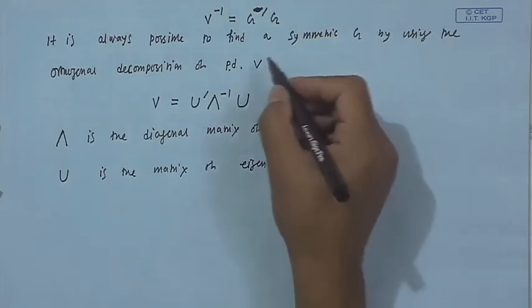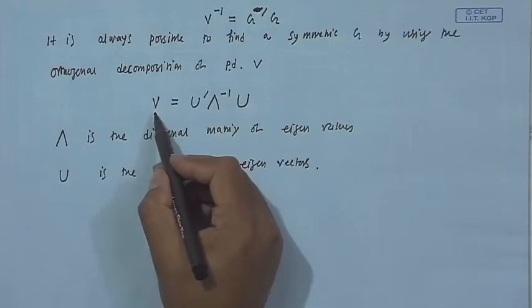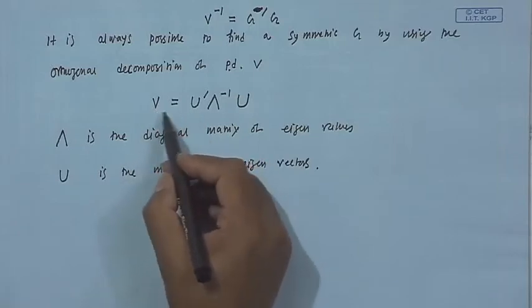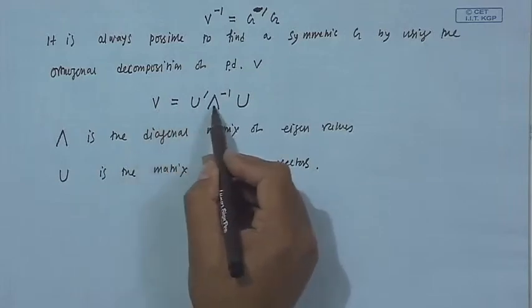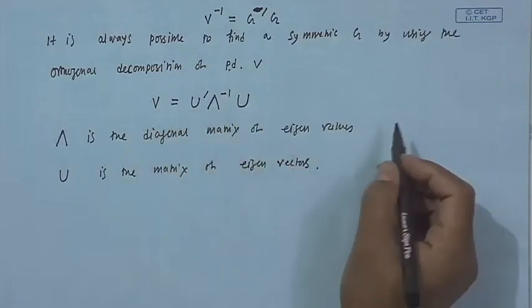Okay, so V is a positive definite matrix that we know, and V can be decomposed in this way.